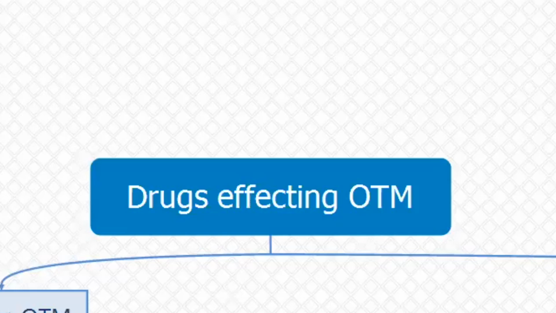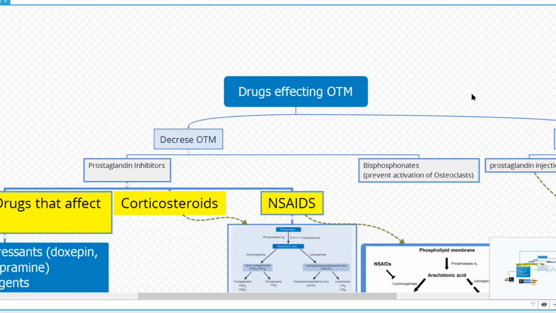How? Because orthodontic tooth movement is conducted and mediated through inflammation. So anything affecting the inflammation, anything affecting the bone metabolism, would definitely be affecting orthodontic tooth movement. So let's dive into this mind map.